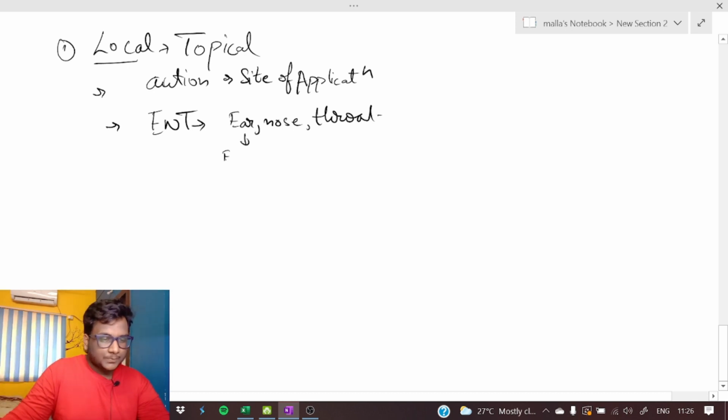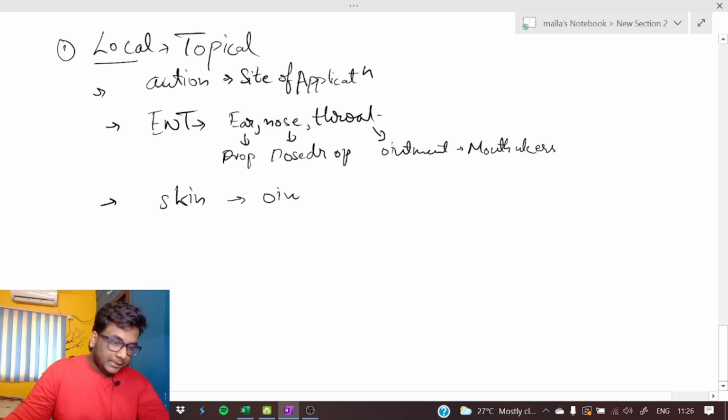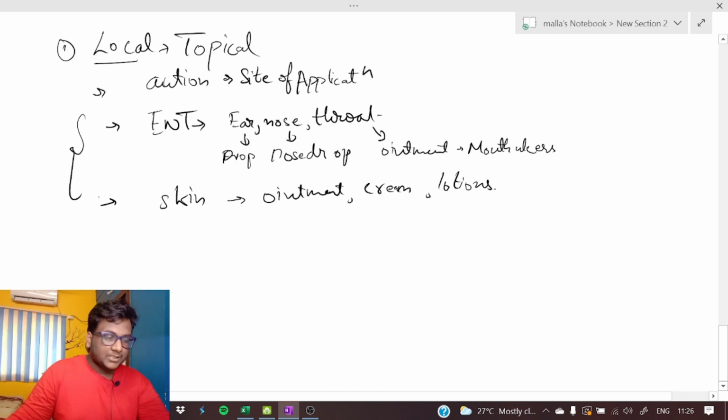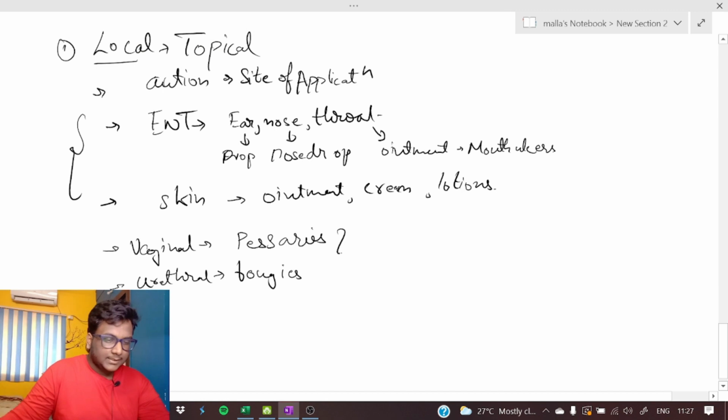In the ear we use ear drops, in the throat we use ointments for mouth ulcers, etc. And the second one is skin: ointments, creams, and lotions. These all act at the site of application only, so these are known as the local route of administration. And there are other drugs like vaginal ones, known as pessaries, and urethral ones, known as bougies. These both are known as suppositories.